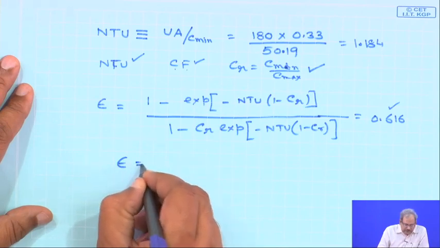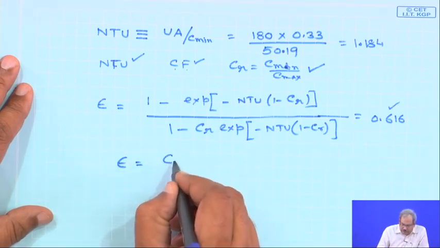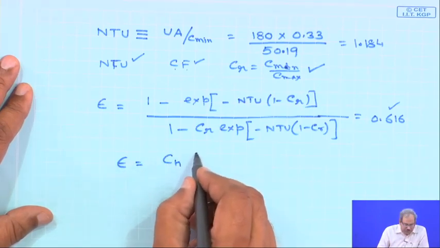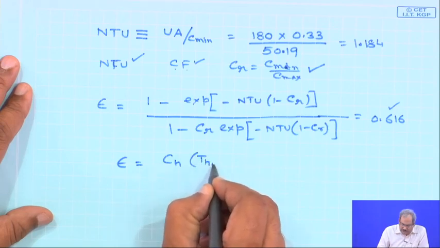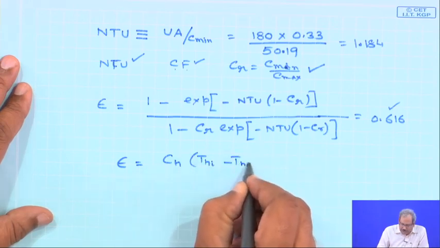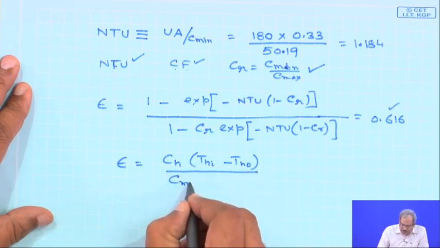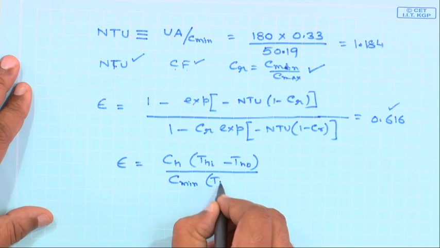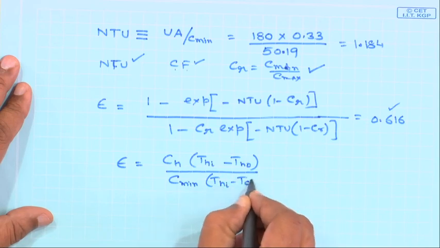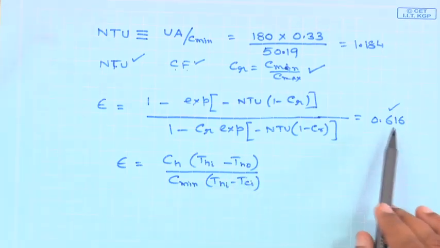We also know that epsilon is the actual heat transfer, which could be Ch multiplied by Thi minus Tho, as well as the maximum heat transfer which is possible, that is C minimum Thi minus Tci. I will repeat once again. I have now the value of epsilon evaluated.